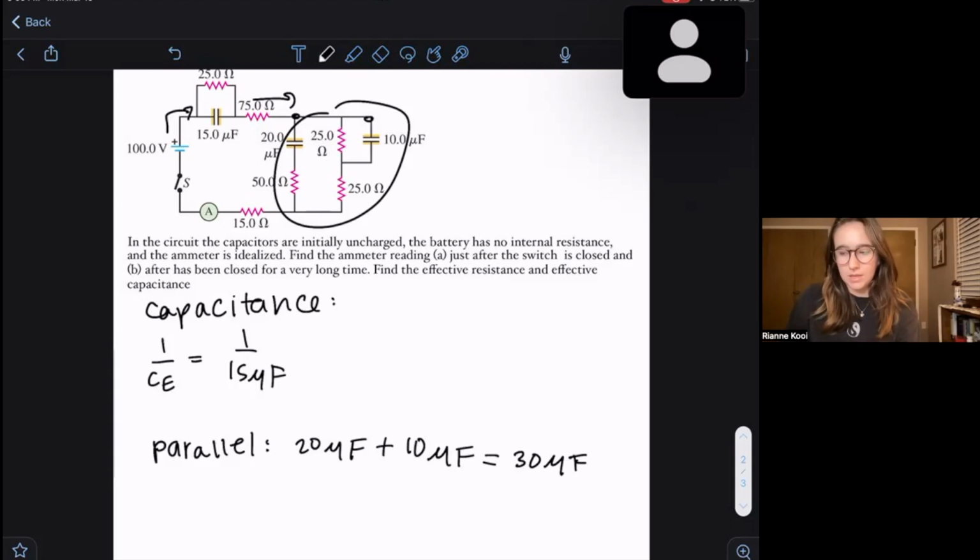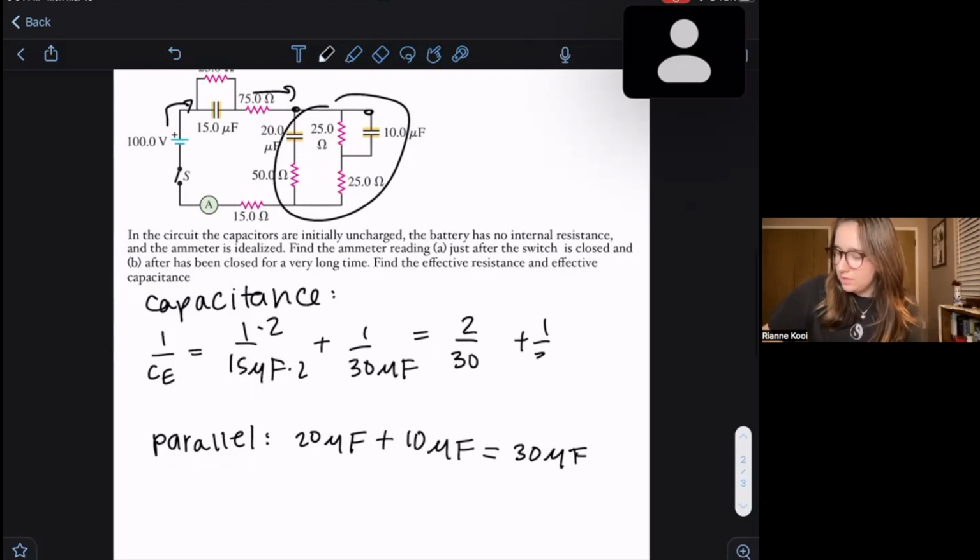But since it's in series with the 15, we have to add it as 1 over 30 microfarad. So I'm going to multiply the first term by 2 to get the same denominator. So we get 2 over 30 plus 1 over 30, which is 3 over 30.